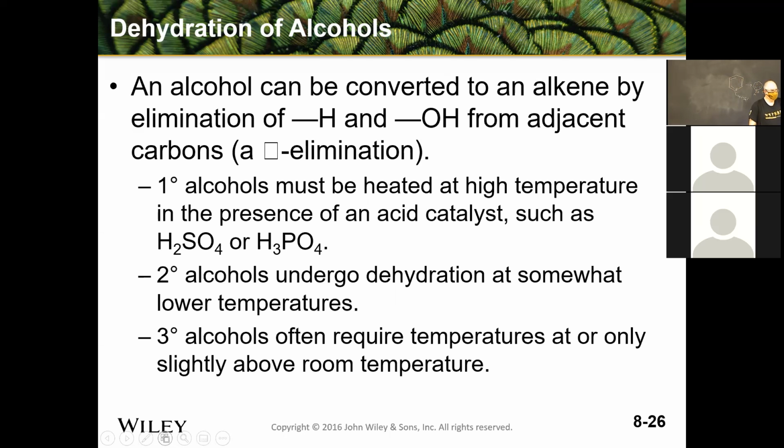Another reaction that we can do with alcohols is dehydration. What this does is it removes an H and an OH from adjacent carbons. So this is a type of beta elimination. Primary alcohols must be heated at high temperatures in the presence of an acid catalyst such as sulfuric acid or phosphoric acid.